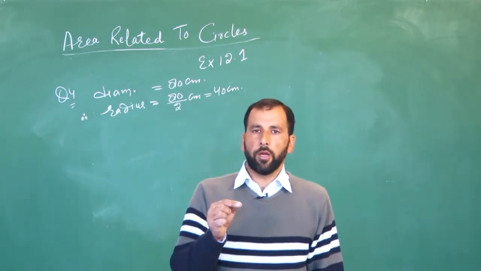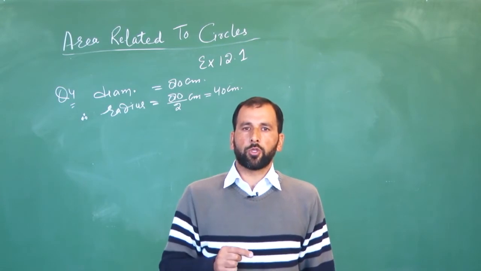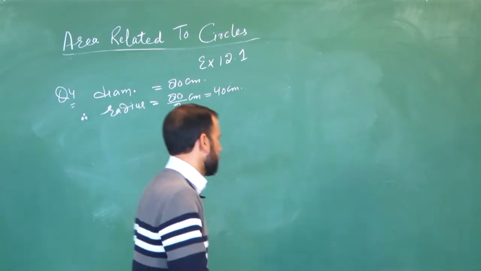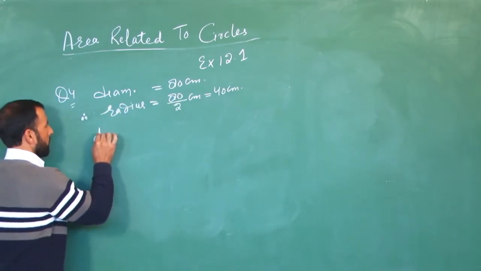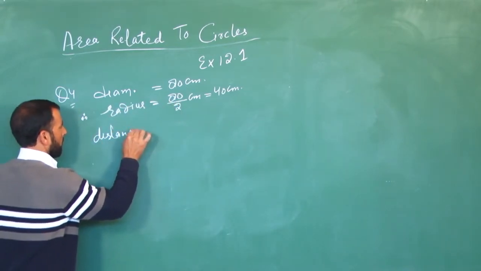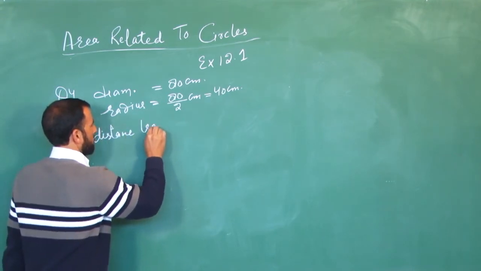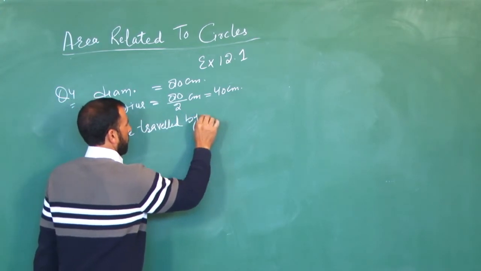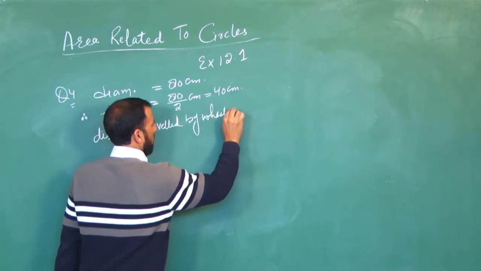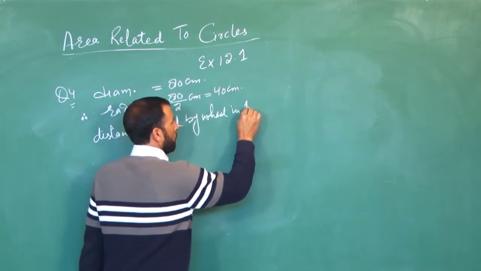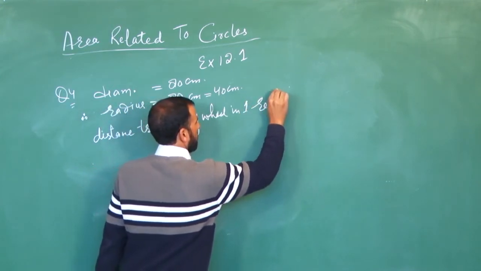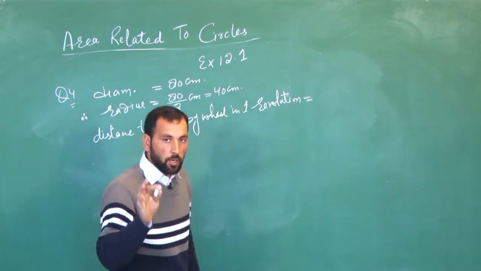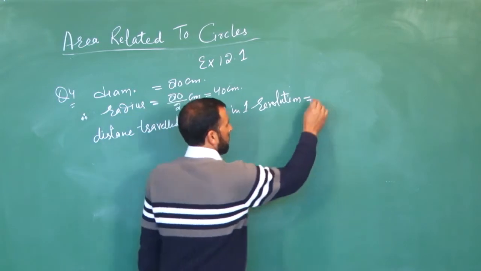Distance traveled by the wheel in one revolution is equal to the circumference of the wheel, means the circumference of the circle, that is 2 pi r.